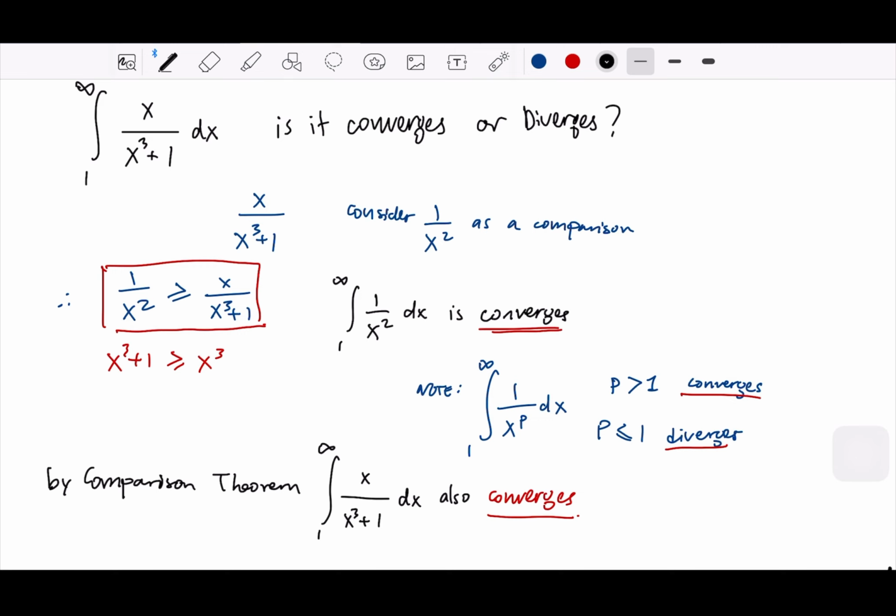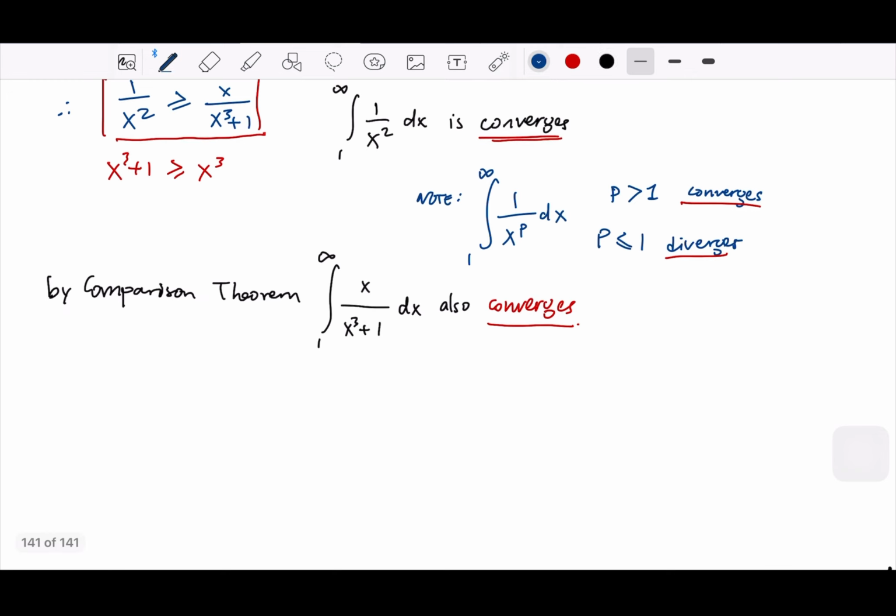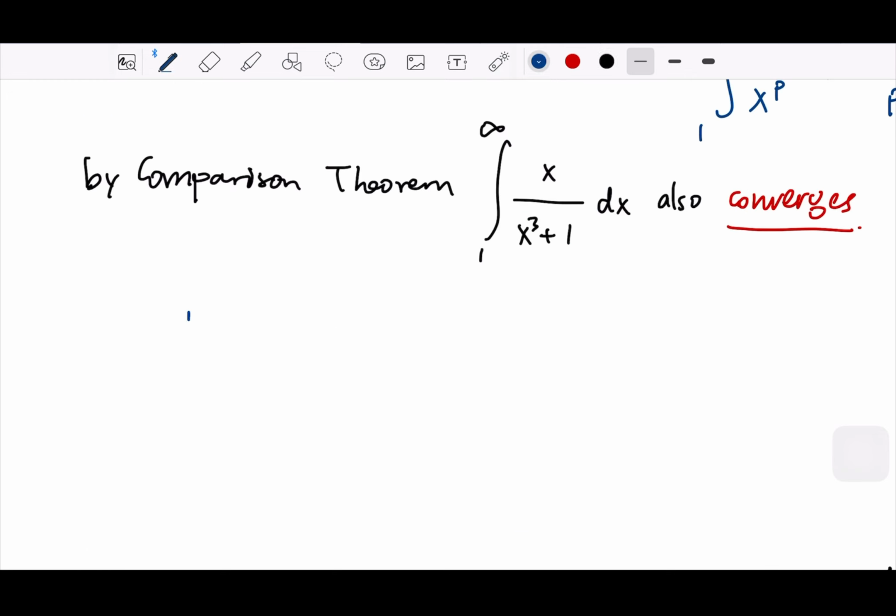So one type is the integral from 1 to infinity, the infinite interval. Another type, you could check, if you have 1 over x to the power of p, if you integrate from 0 to 1, of course there will be some discontinuity, right?